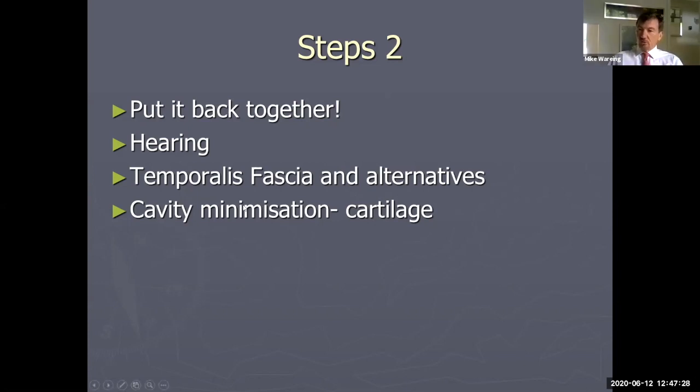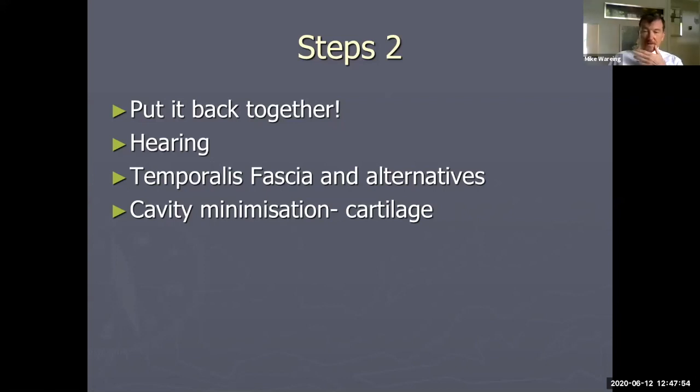Perichondrium is a good alternative, but you may have some difficulty getting a lot of it. So you can get quite a lot of perichondrium from the tragus here. And then cavity minimization. So it's rare that I probably wouldn't use some cartilage or even potentially some bone pate.